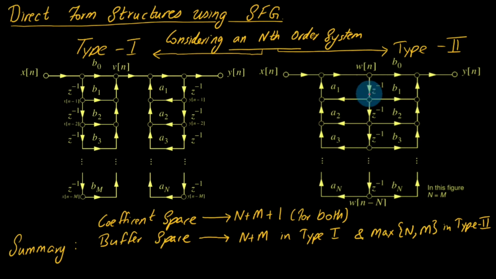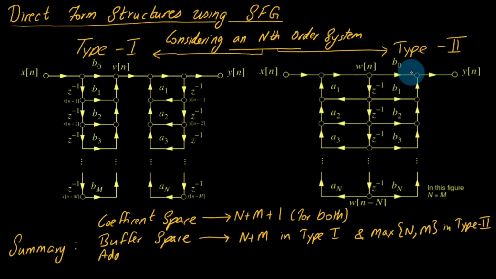That's why in type 1 we have n plus m, that is counting all of this and this, whereas in type 2 we have a maximum of n and m. Presently we have set n equal to m for simplicity, but whichever is maximum would be the buffer space requirement in type 1 and type 2.